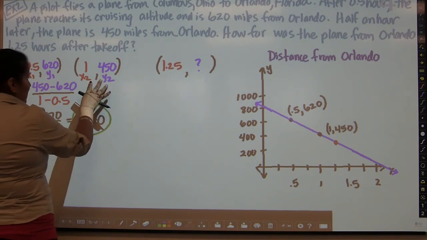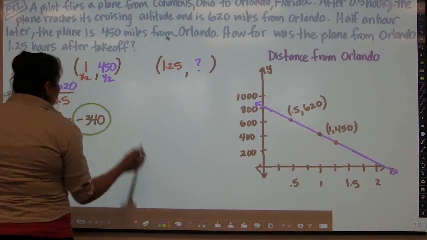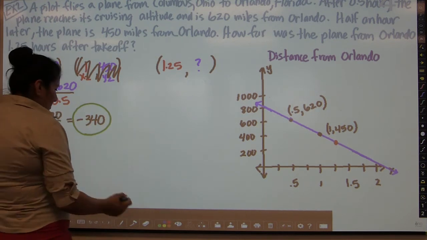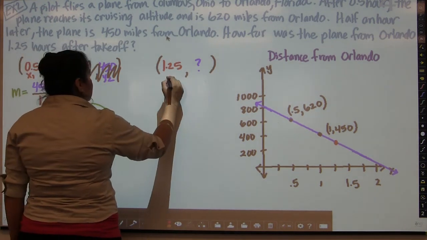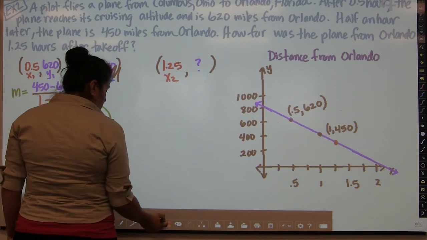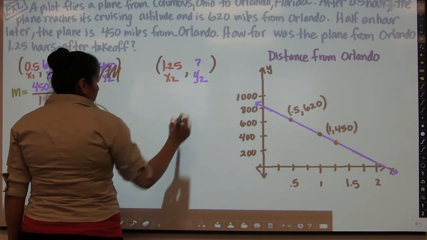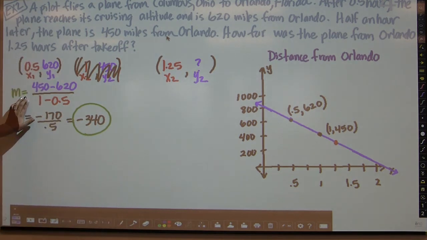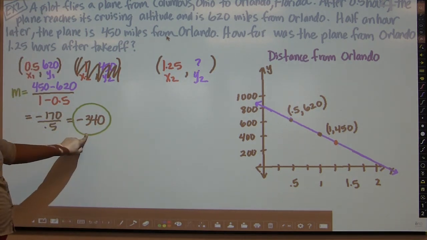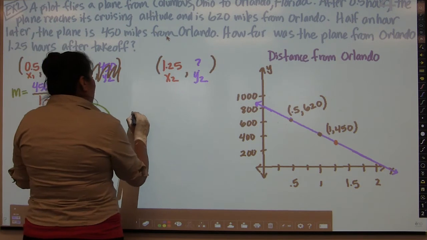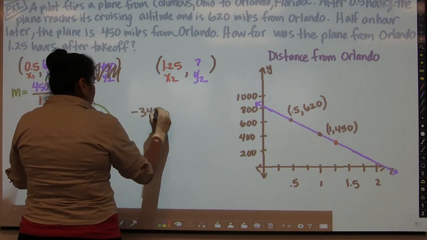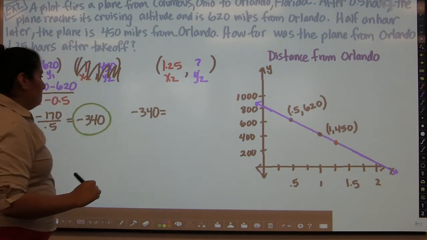Instead of using this as x2, y2, I'm going to cross this out. We already found that. We're now going to come over here and call this x2, y2, okay? And we have a formula that says m equals. We already know that m equals negative 340, so we're going to work backwards and plug 340 in the place of m.